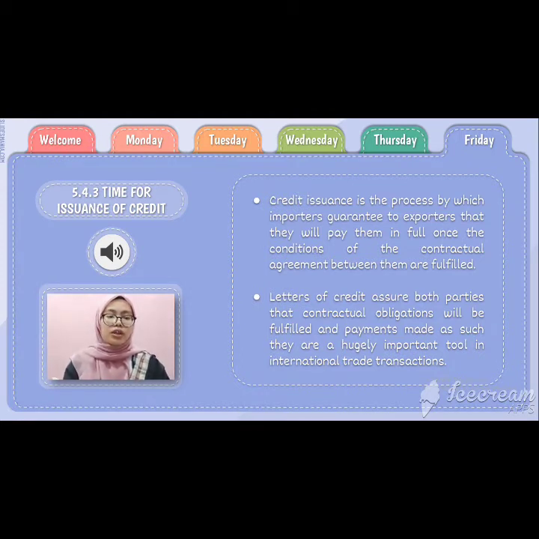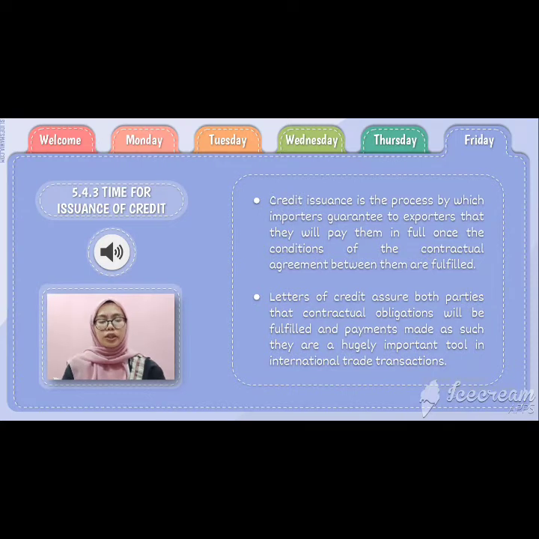For time for issuance of credit, credit issuance is the process by which an importer guarantees to an exporter that they will pay them in full once the conditions of the contractual agreement between them are fulfilled.